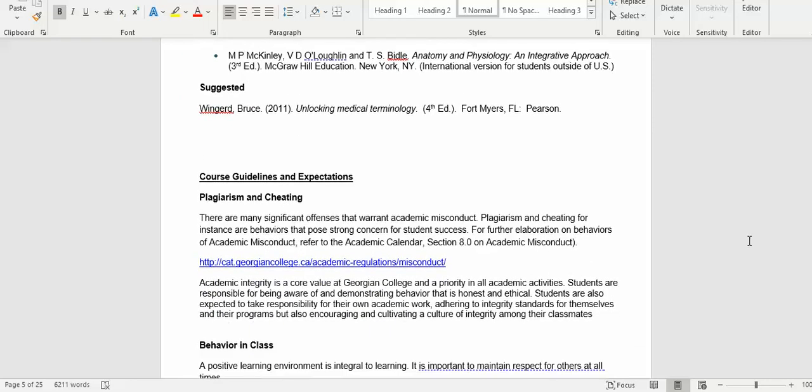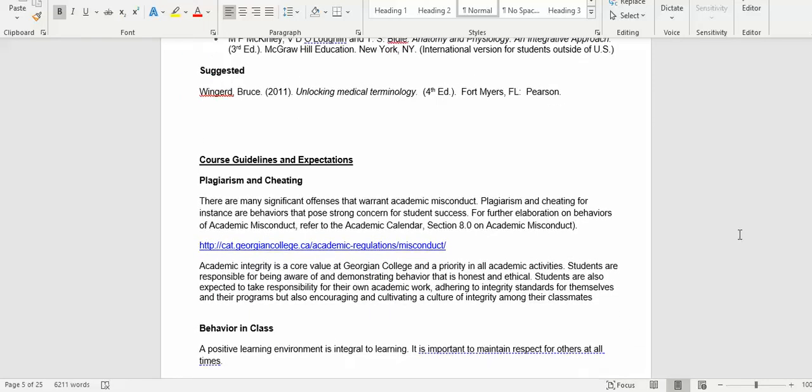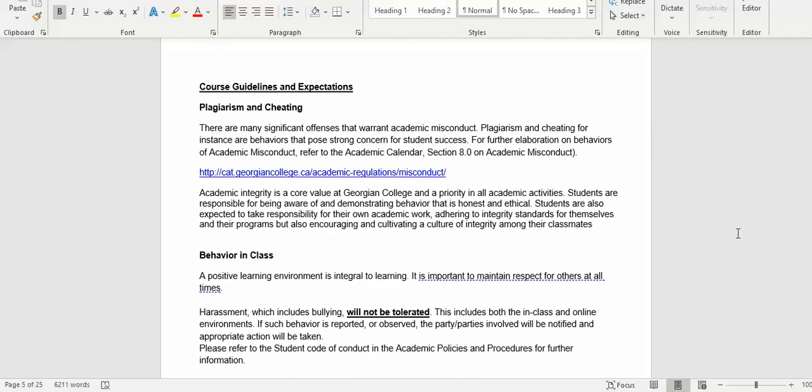Here's the deal about plagiarism and cheating. Don't. Academic integrity is really a core value at Georgian. More important than just straight academic integrity and how you view yourself and your own self-esteem, having a good, strong foundation in anatomy and physiology is extremely important to understanding pathology.